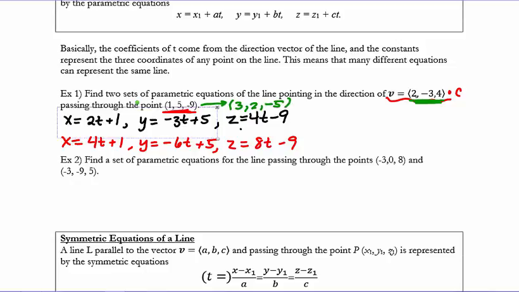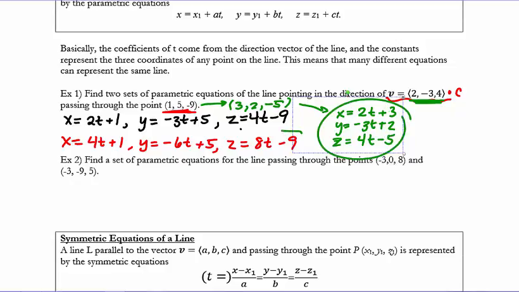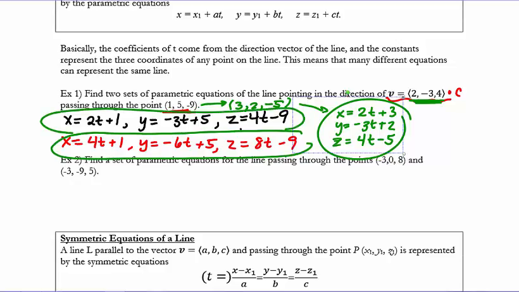I increased x by 2, I decreased y by 3, I increased z by 4. So I could now use this as my initial point and make it x equals 2t plus 3, y equals -3t plus 2, and z equals 4t minus 5. All 3 of these sets of equations are the exact same line. It's just different ways to write it, okay?